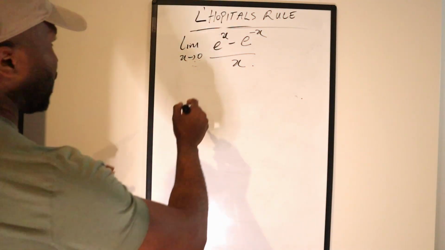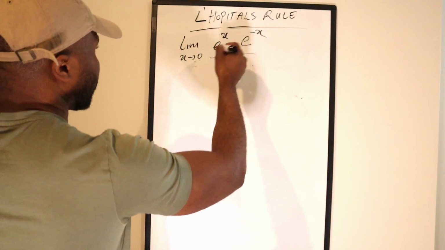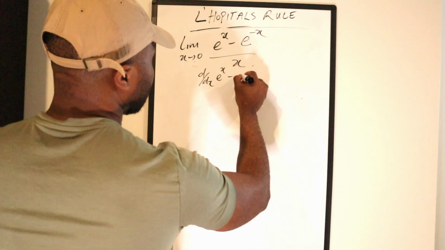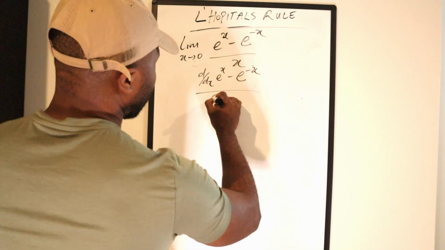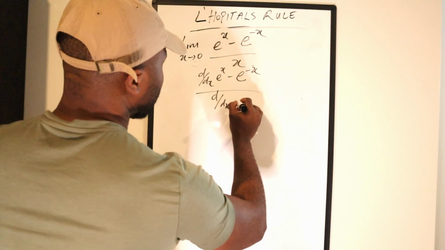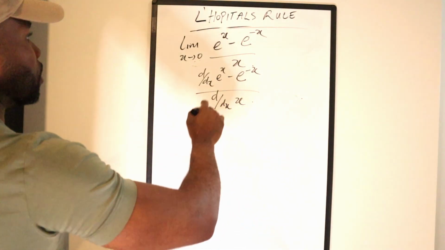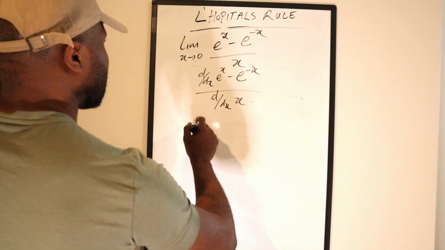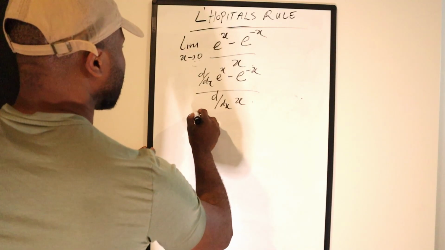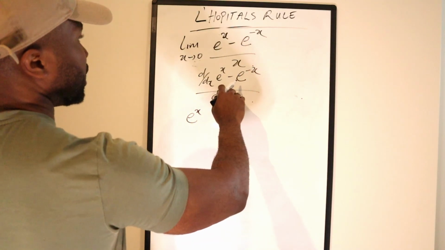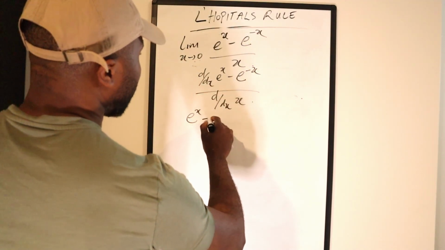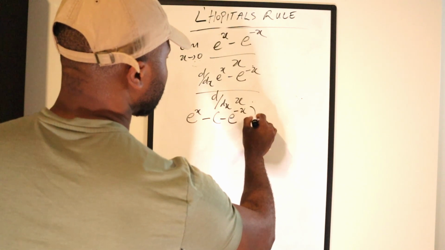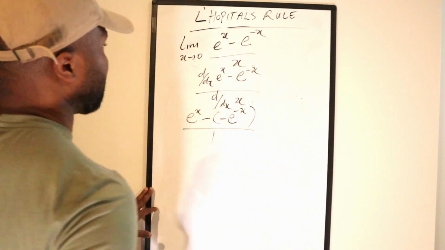When we differentiate the numerator, d over dx of e to the x minus e to the minus x, divided by d over dx of x. The derivative of e to the x is e to the x. The derivative of e to the minus x is minus e to the minus x, divided by 1.